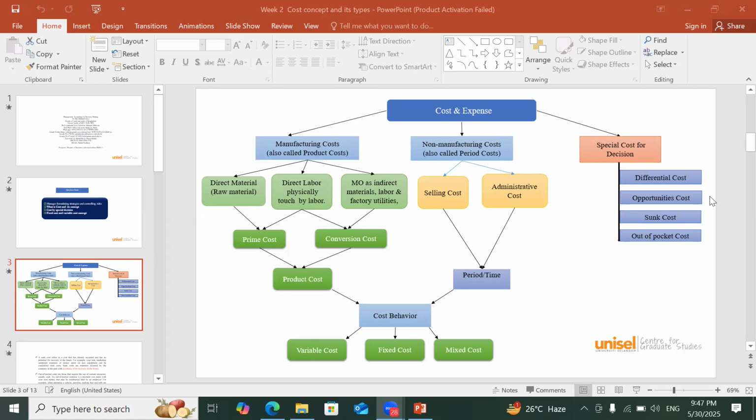Opportunity cost here actually means a benefit, but our heading is opportunity cost. It is actually not a cost; you just sacrifice one kind of benefit and take another benefit. Okay, this is the concept.